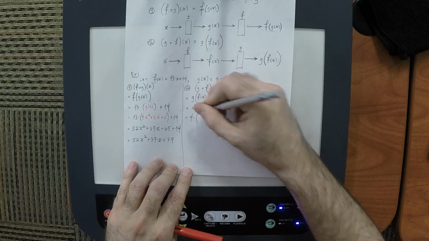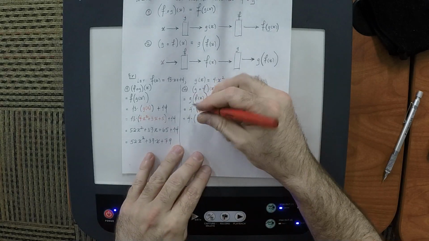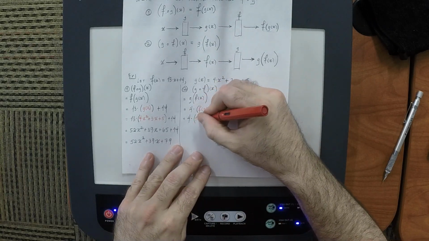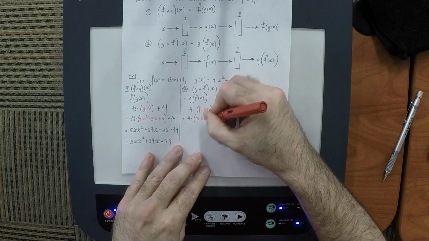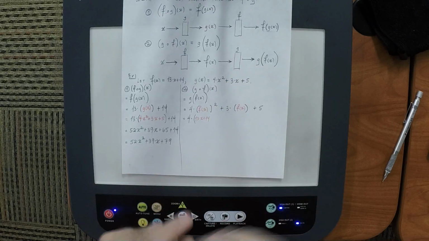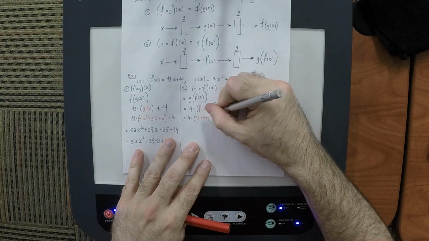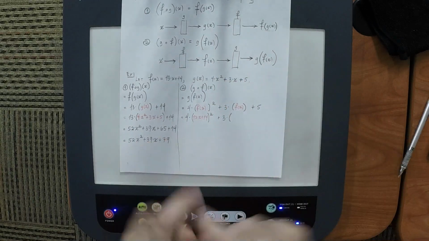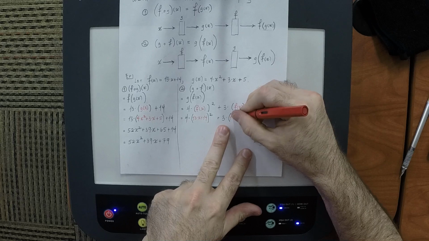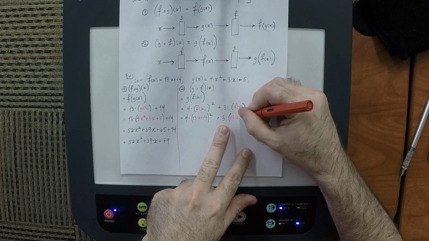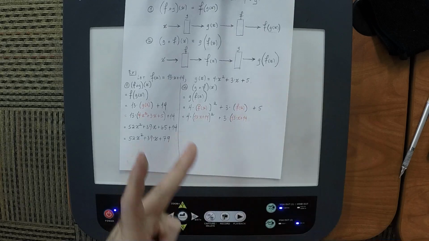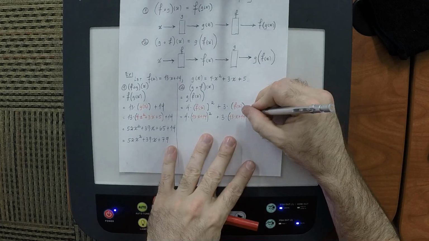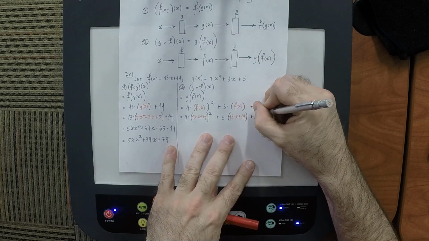So that'd be 4, and then what's written in here is 13x plus 14, squared, and then plus 3 multiplied by 13x plus 14, and then add 5.